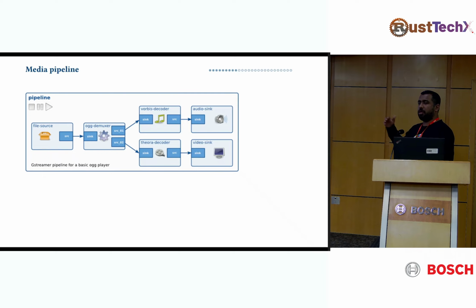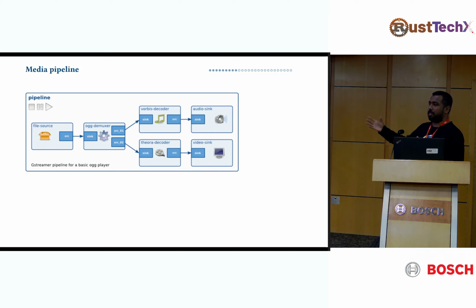The next is going to a demuxer. What a demuxer basically does is it splits out into elementary streams. So basically it will take the OGG encoded file and it will split it out into audio and video, assuming it has both components. If it only has video or audio, it will only give that to the next.